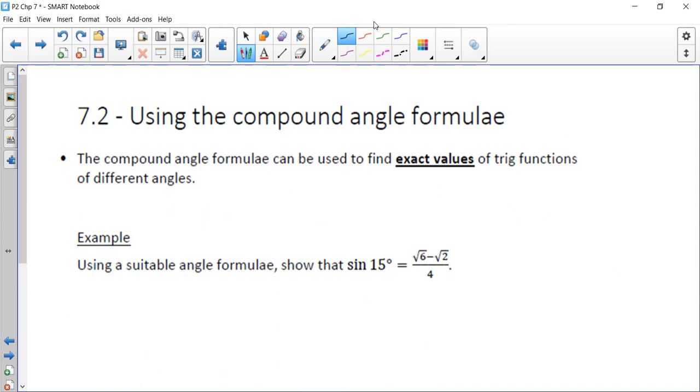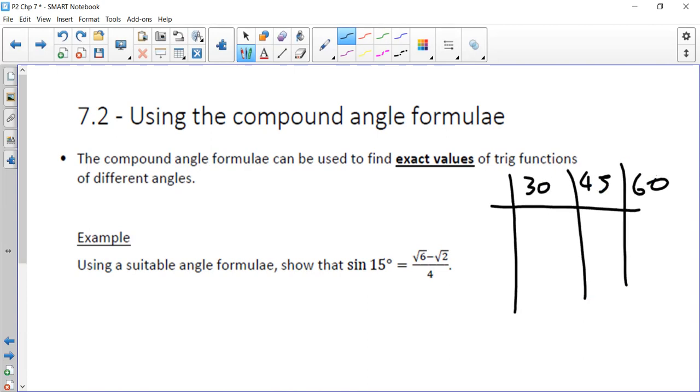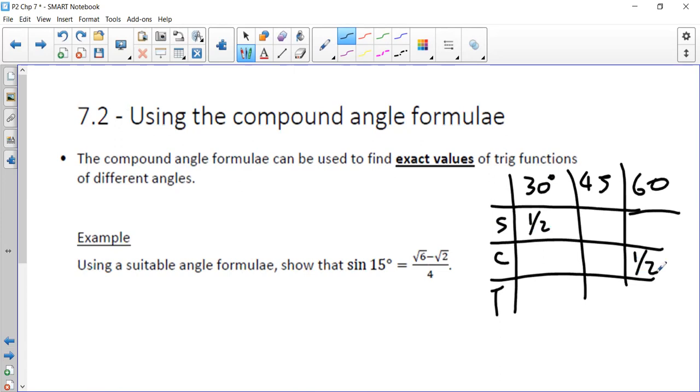One way to use it is to find exact values of trig functions of different angles. Hopefully in GCSE, you would remember the special angles 30 degree, 45, 60 degree of sine, cos, and tan, right? Sine 30 degree is a half, and cos 60 will be a half.